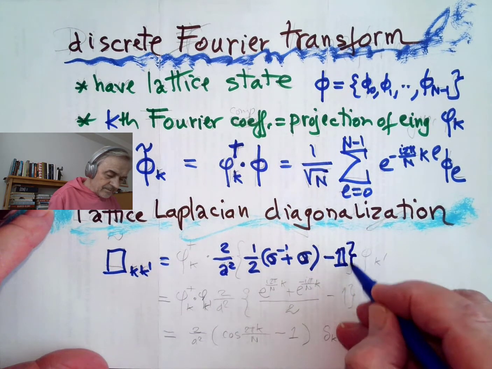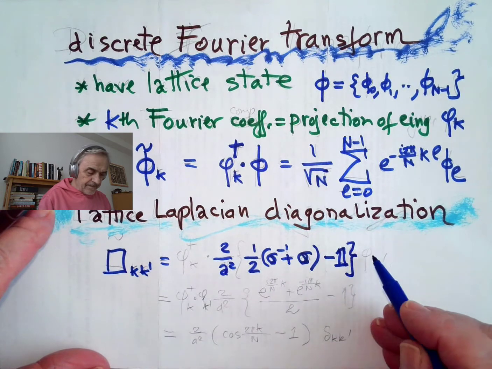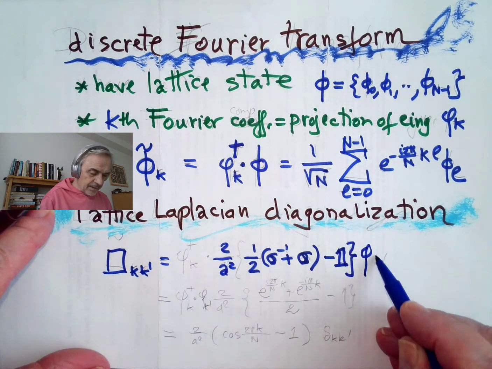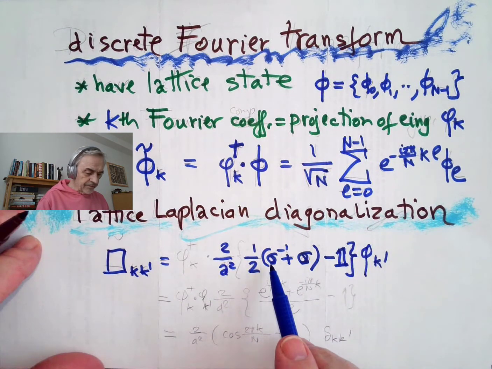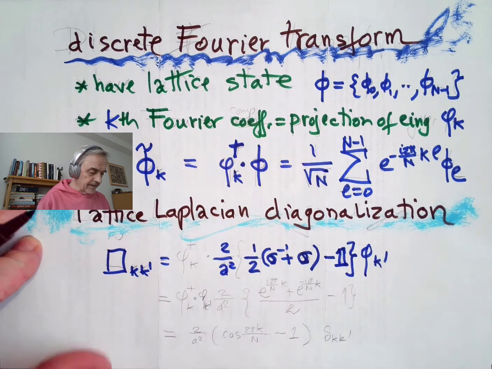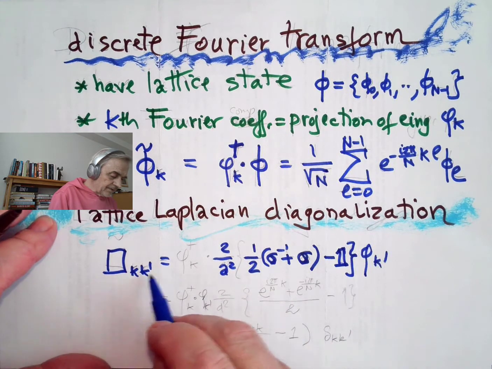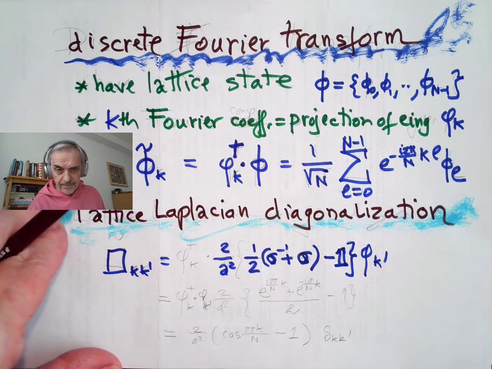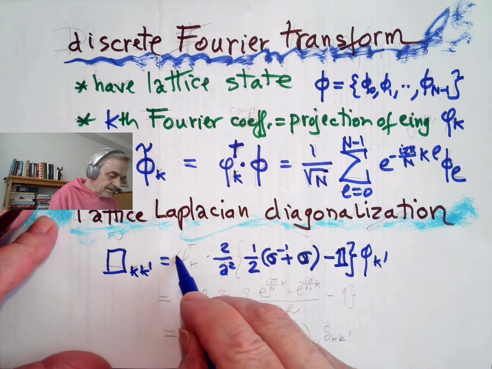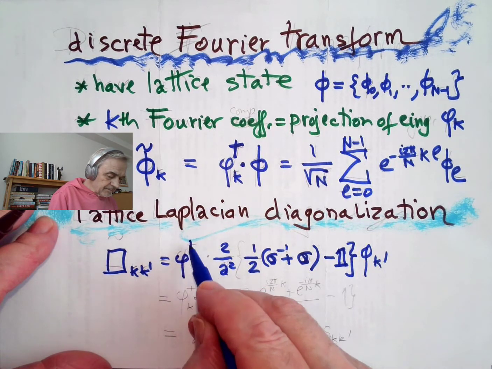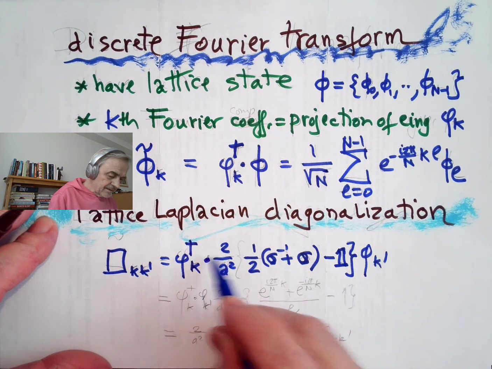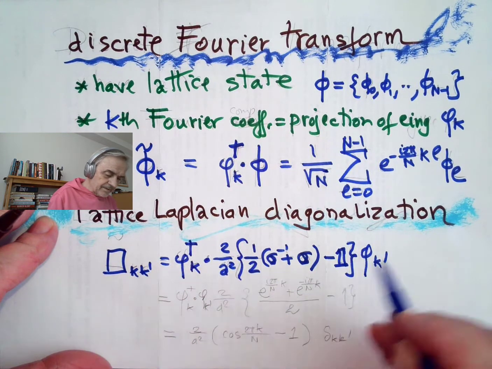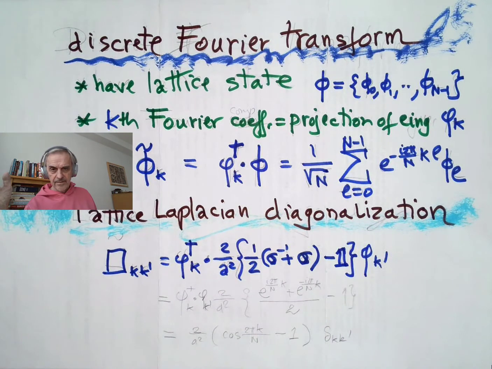And now, if I apply my eigenvector on the right-hand side, then I know that this will be replaced by the eigenvalues of that eigenvector. And to get this component of the lattice Laplacian, I put the Hermitian conjugate of the k eigenvector on the left-hand side. So here I have a matrix, and I sandwich it, project it onto these two things.